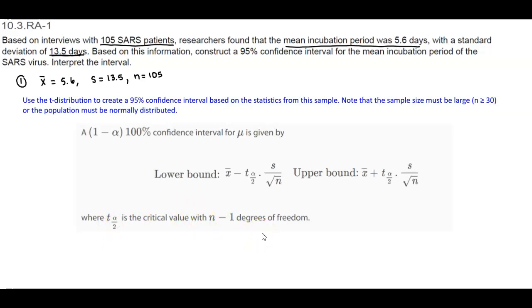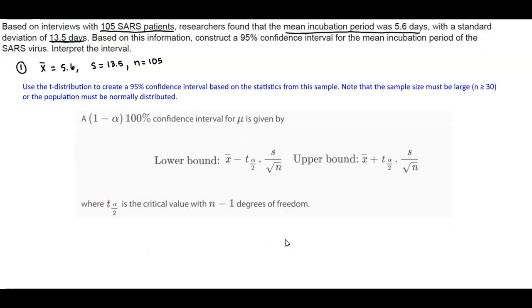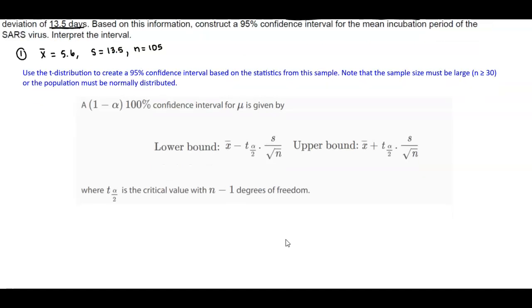All right, so let's first find the critical value. The chart that we're going to look at tells us the area in the right tail of the distribution. We know that alpha is equal to 1 minus 95%, which gives us 5%, or a decimal of 0.05.